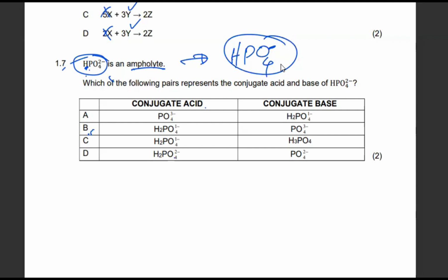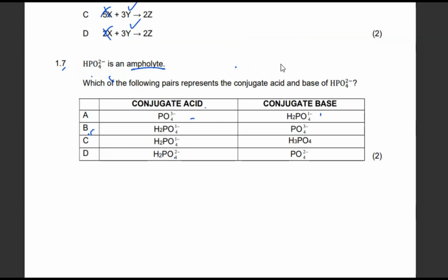If it donates, it's automatically this one. Let me check here. So this is just 1. So automatically when it gives out, this is going to be 4. Okay, this is going to be 2.